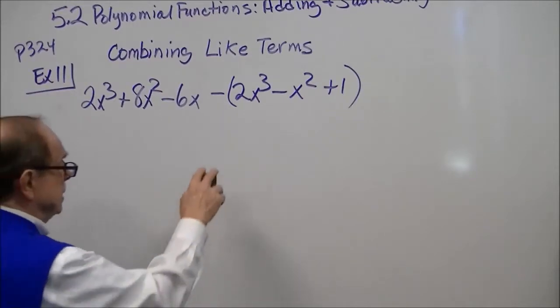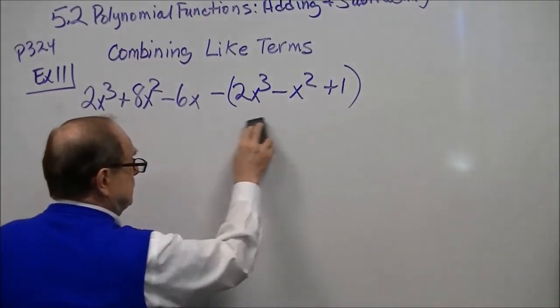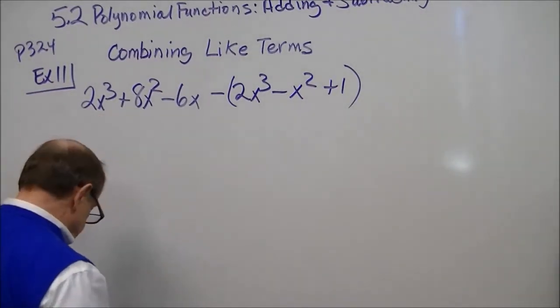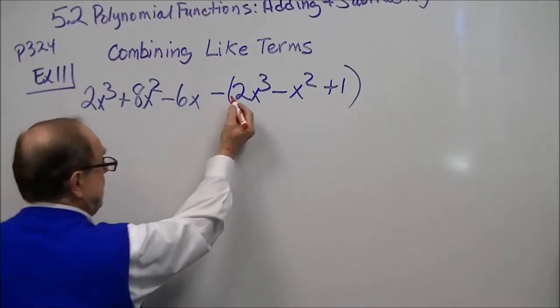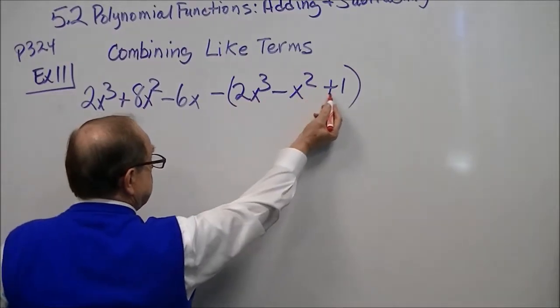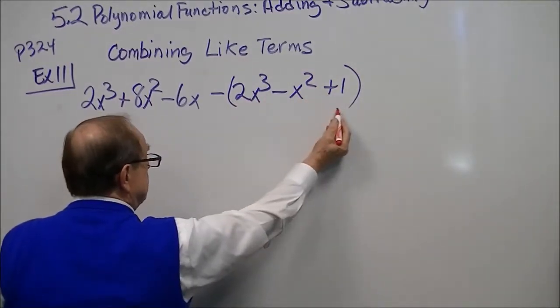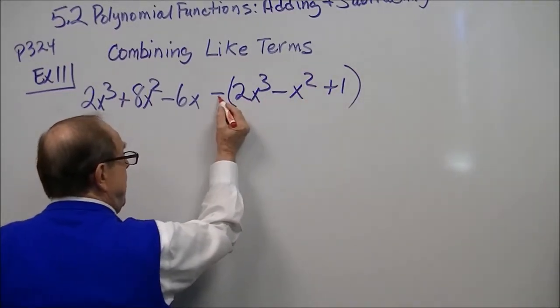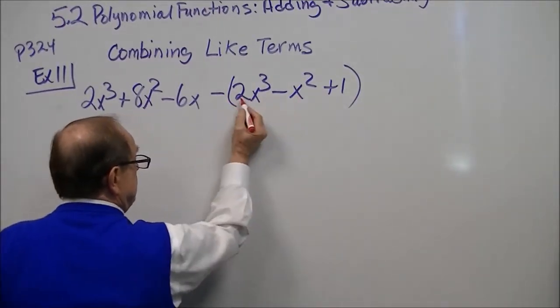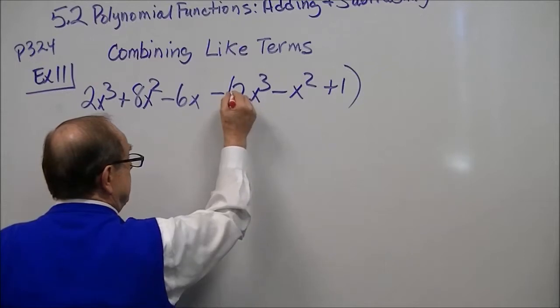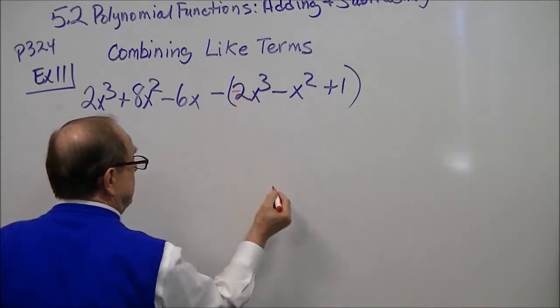Now we want to take away this parenthesis too, but in order to do so, the rule is we have to change all these signs inside the parenthesis. Make them the additive inverse of what they are. So this was a positive, that will now become a negative.